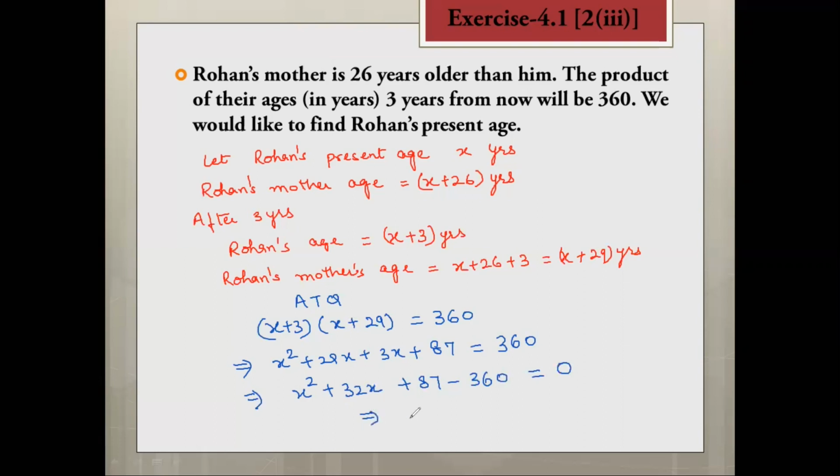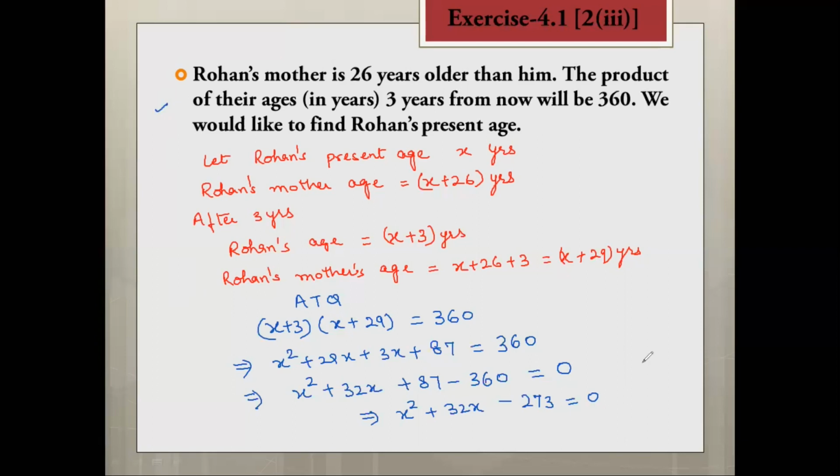So the required equation is x square plus 32x minus 273 equals 0. So that's the quadratic equation that suits this particular situation.